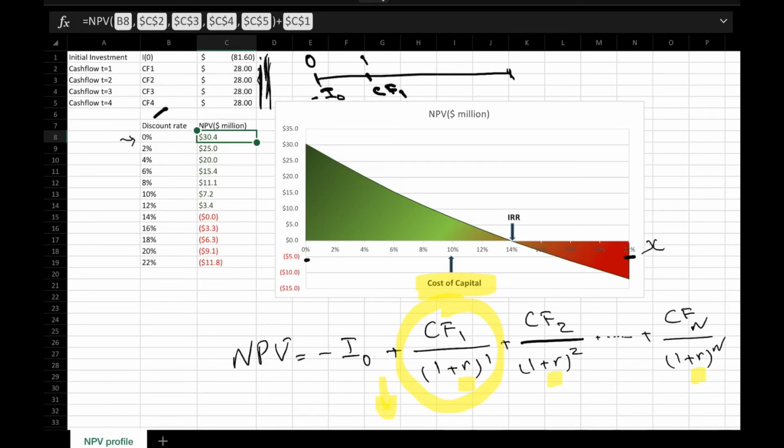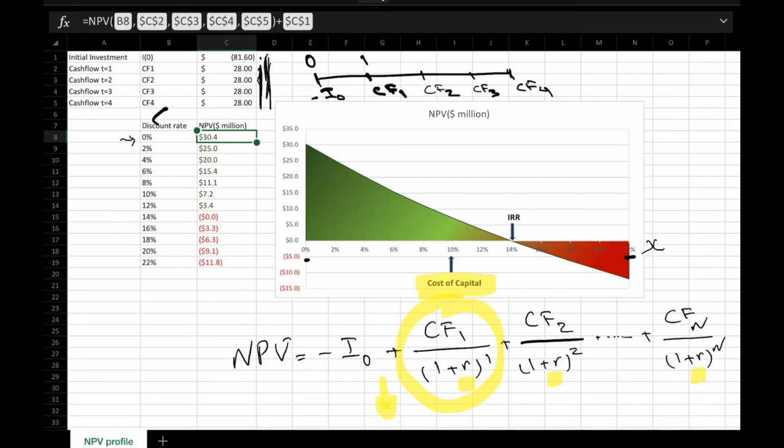So the second input, right after the discount rate, is where we start to put our cash flows. So this is what I have done in this Excel file.